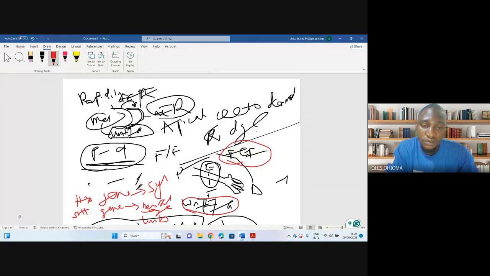What WNT7A does is that it causes the limbs of the fetus to be oriented in a flexor and extensor way. So the flexor and the extensors, you are able to have that orientation in utero because of this gene known as the WNT7A gene. And then the proximal to distal growth that occurs in the fetus in limb development is a result of the fibroblast growth factor, which is what the mesoderm secretes, basically. That's what I'm just trying to say.